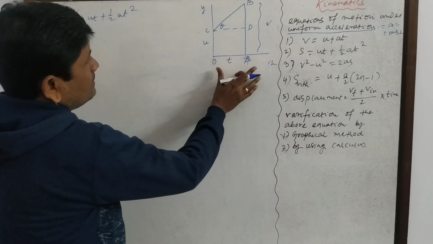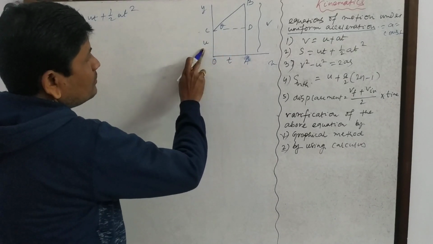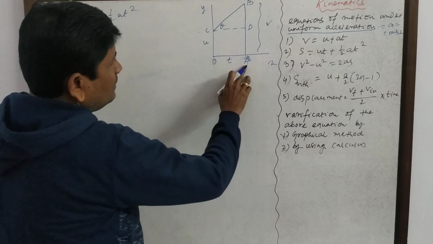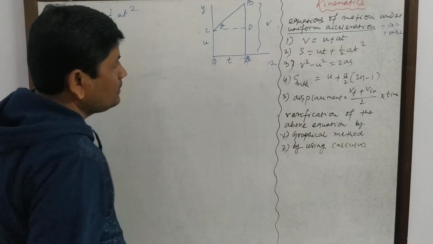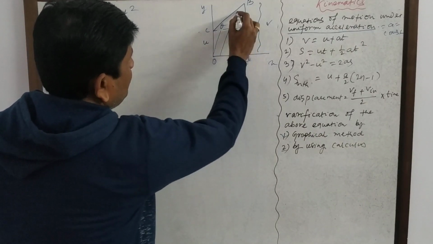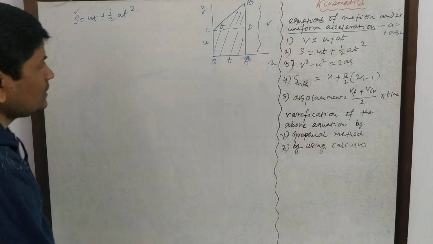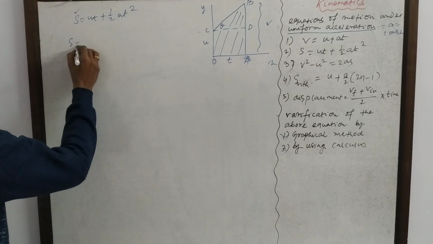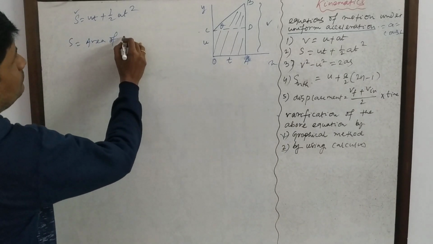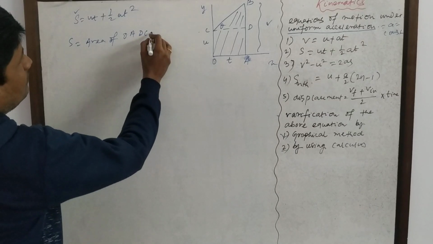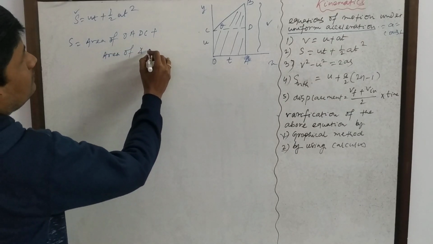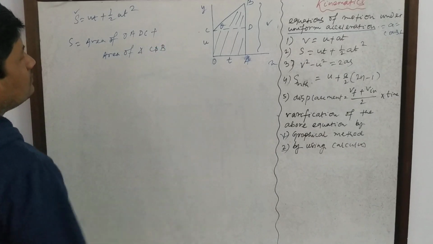If the particle has velocity u at the initial position, that is initial velocity, and at time t it has attained the velocity of v, then the area under this means this plus this. Now s is equal to the area of OADC plus the area of triangle CDB.